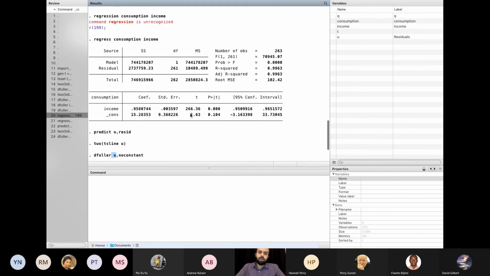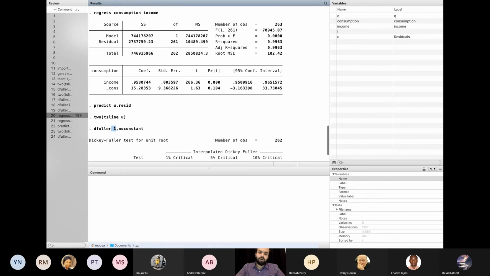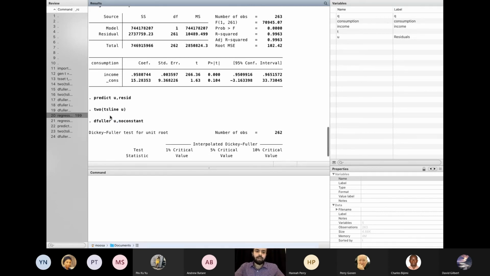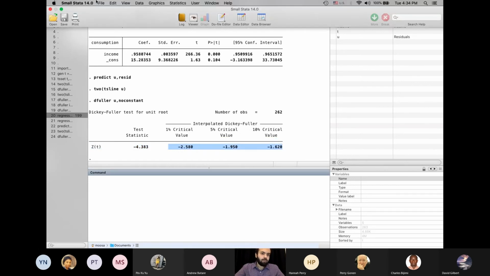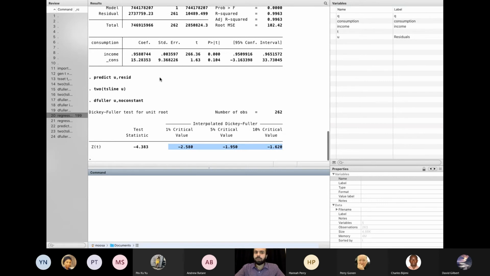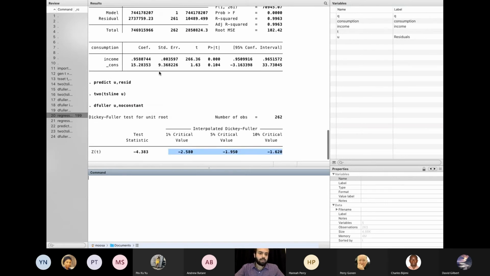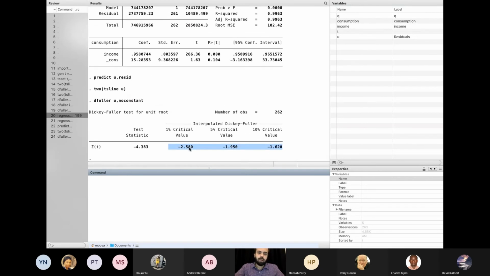So when you estimate this, you are already relying on a level of statistical significance, and then you are conducting a unit root test on a variable that is predicted. So we would compare these against another set of critical values, which if you Google Engle-Granger co-integration test critical values, you'll find out.